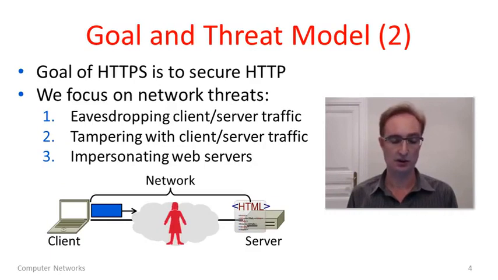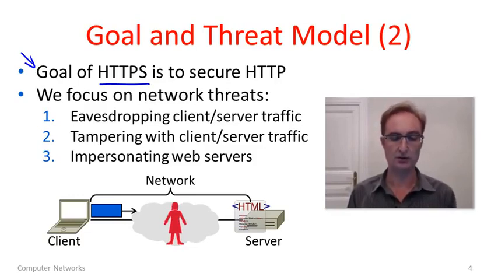What we're going to focus on, however, is a much more restricted subset of the general web security problem. Our goal really is to secure HTTP using a protocol called HTTPS. That stands for HTTP Secure, if you like. Now, by secure HTTPS, I mean that we should defend against several attacks, and they're listed here.